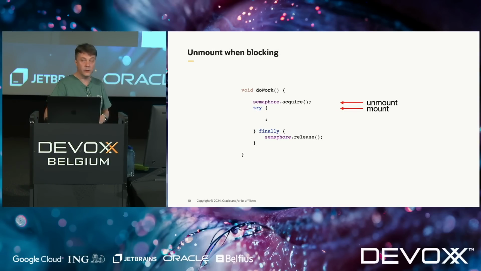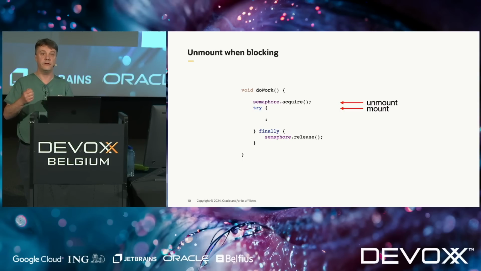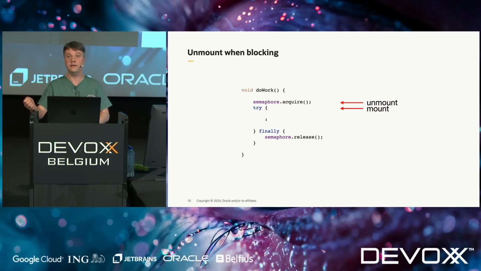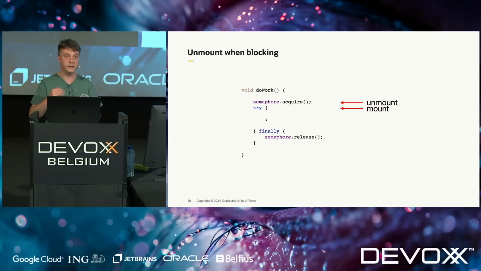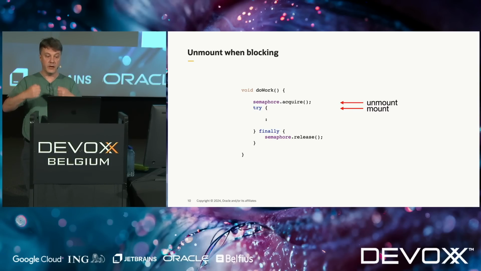I'll show you an example here where we run a blocking operation. This is using a semaphore. A semaphore has two operations, an acquire and release. The acquire method gives you a permit. If there's no permit available, you block on the acquire method until there's a permit available. A virtual thread executing this is initially mounted, it gets to the acquire, there's no permits available, so it has to block.